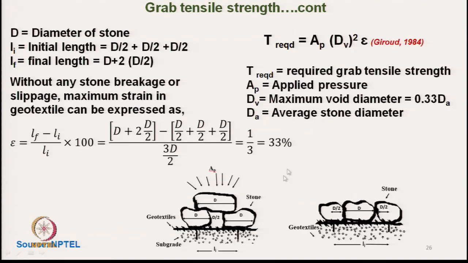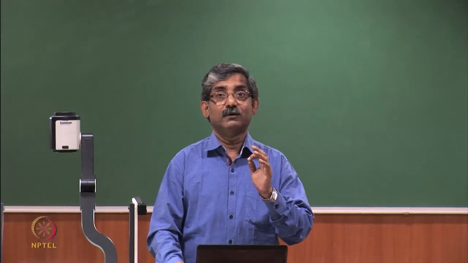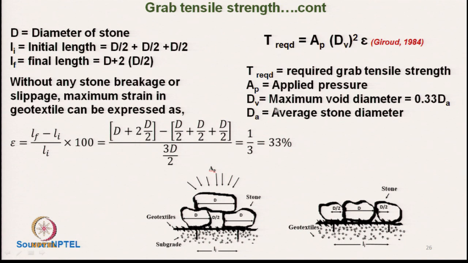What is dV? It is the mean or maximum void diameter, which is approximately equal to 0.33 times the diameter of stone, dA. So, Ap multiplied by dV square multiplied by strain epsilon will give the required grab strength of material.